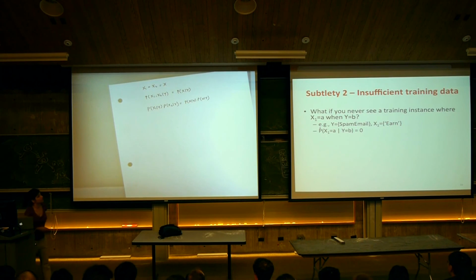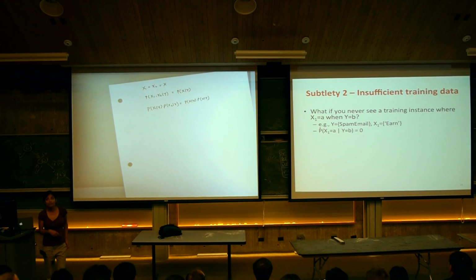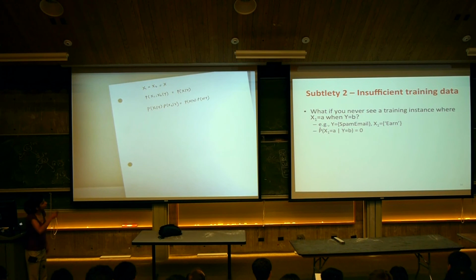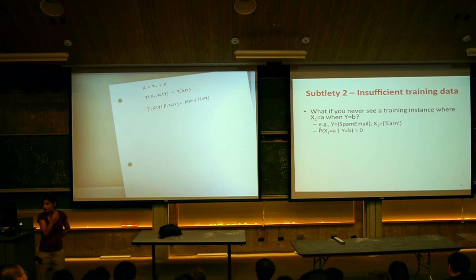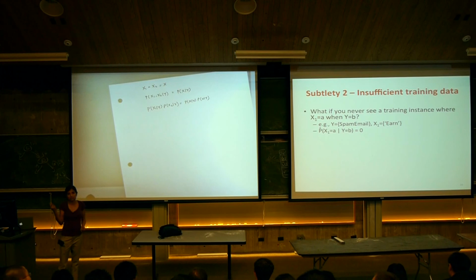The other issue, as somebody pointed out, is insufficient training data, even for this setting. What we mean by that is that there are certain features you may never see. For example, here our class label is spam, and one of the features was whether the word earn appears in it or not. But it might happen that the training data set never has any spam email with the word earn in it.